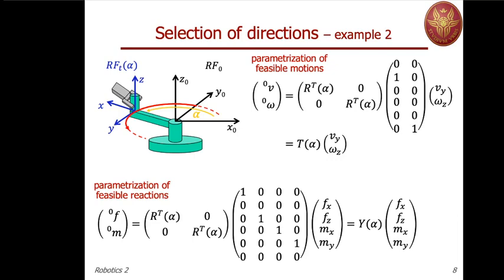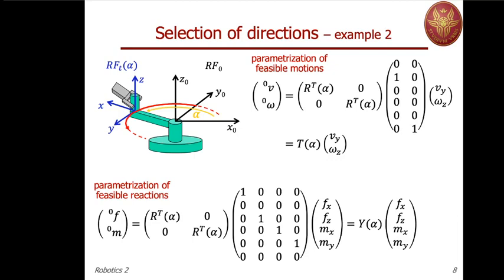So again, if we are writing things in the zero frame, we will have first selecting columns from the identity matrix with ones and zeros that specify the directions along which we can have reaction forces, or around which we can have reaction torques, so Fx, Fz, and torques around x and y.